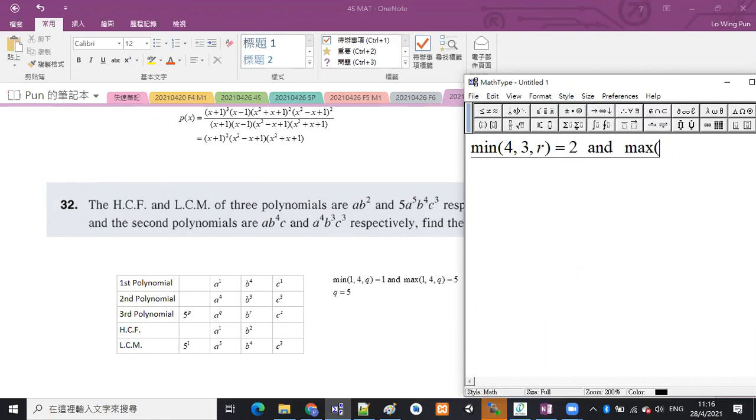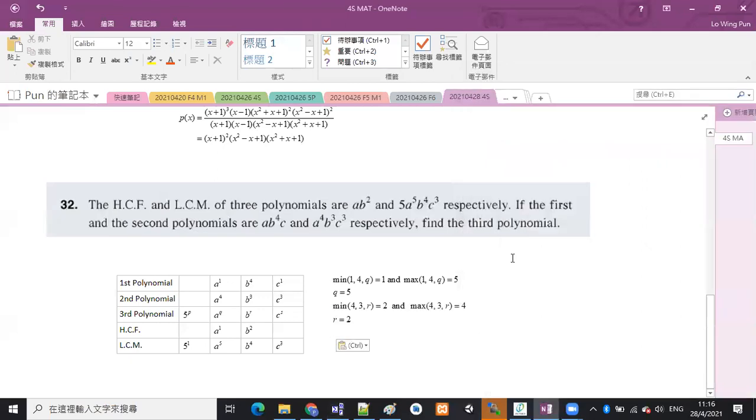And the maximum among 4, 3, and r should be equal to 4. Because the minimum should be equal to 2, and there is no power 2 appeared before, which forces the value of r to be 2. In order to have the minimum value among 4, 3, and r to be 2, r must be equal to 2. Can you get the idea?